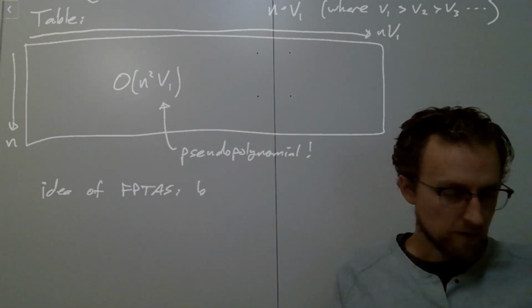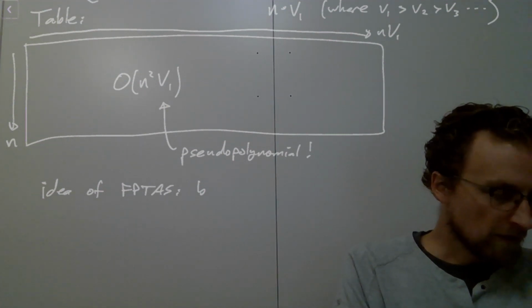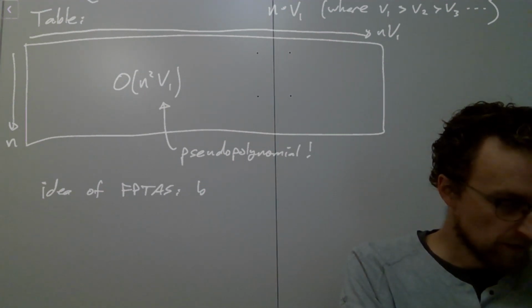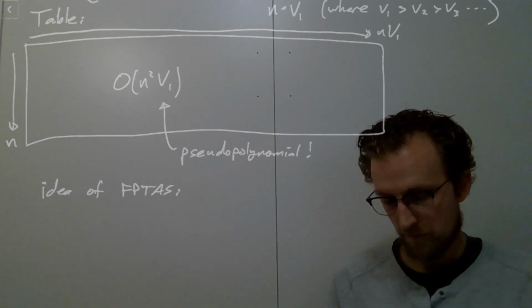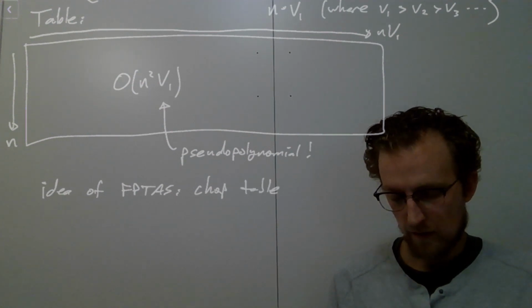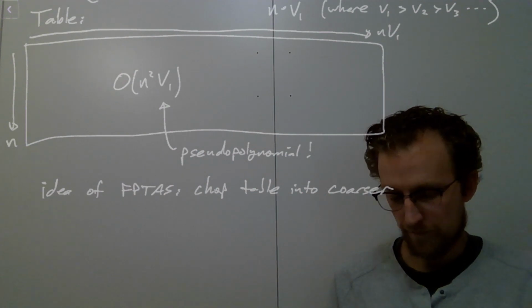So here's the idea of the FPTAS. I want to chop this thing up into a bunch of columns. Chop the table into coarser columns.